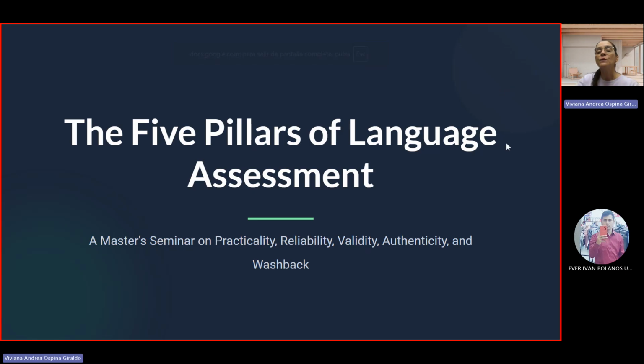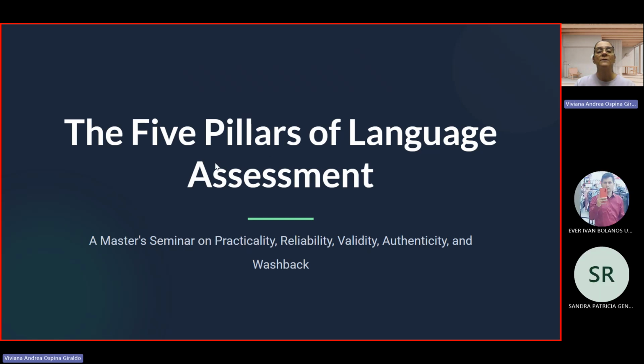So we are going to work on the 5 pillars of language assessment. This information is very useful for you right now for this task and also for the following one. So we are going to work with the 5 pillars for language assessment.